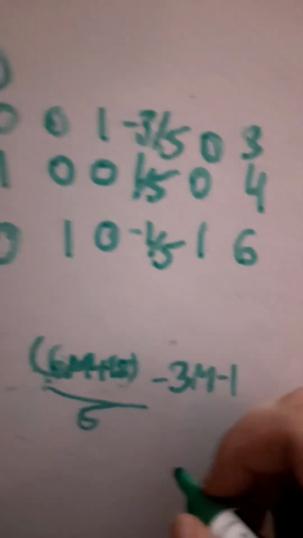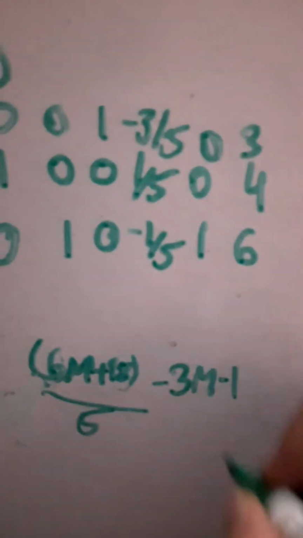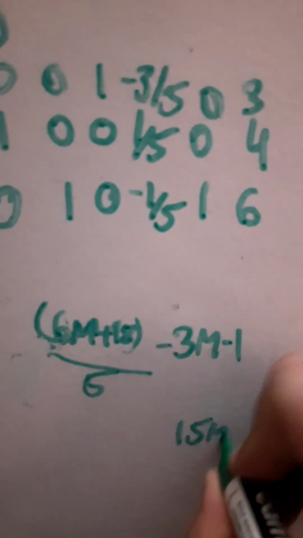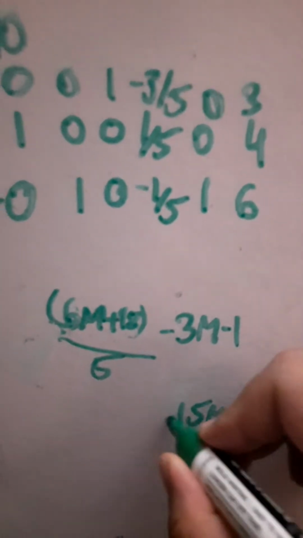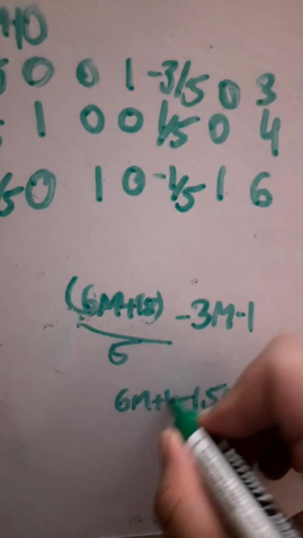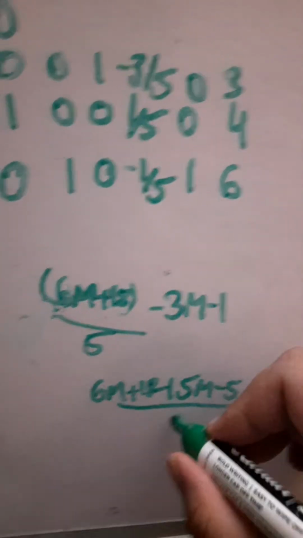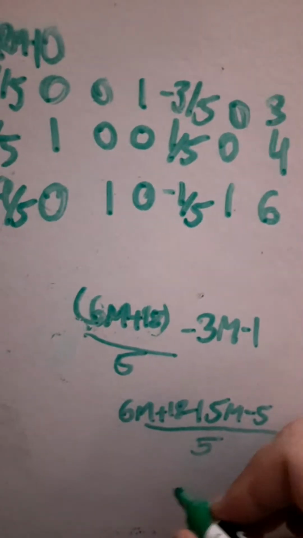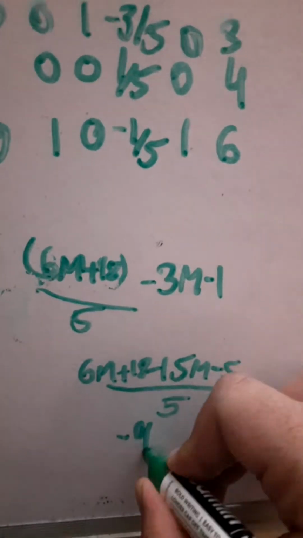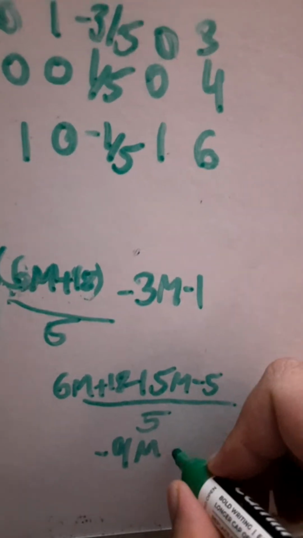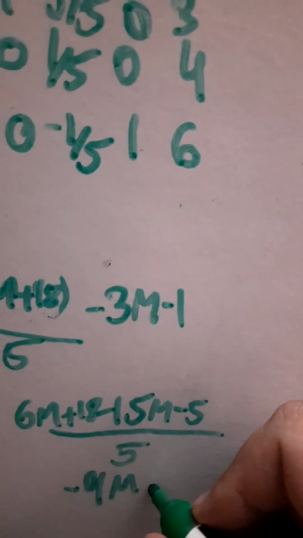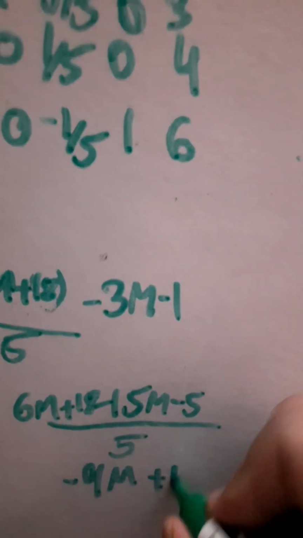This would multiply to the whole thing to make a common denominator, so we can operate. 3 5s are 15m minus 5 minus 6m plus 18 by 5. Okay, 6 minus 15 is minus 9m, plus 18 minus 5 is plus 13 by 5.